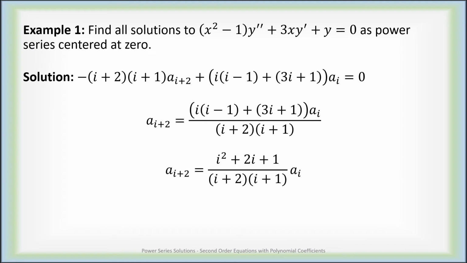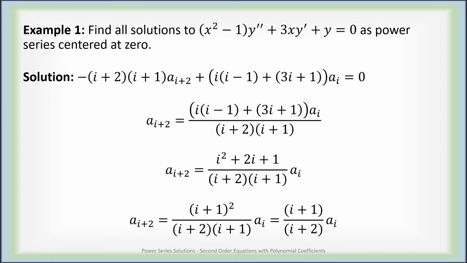Simplifying, the numerator becomes i squared plus 2i plus 1, which factors as i plus 1 squared. So I have i plus 1 squared up here in the numerator. I can cancel that with this i plus 1 down in the denominator. And we find that a_(i+2) is (i plus 1) over (i plus 2) times a_i.